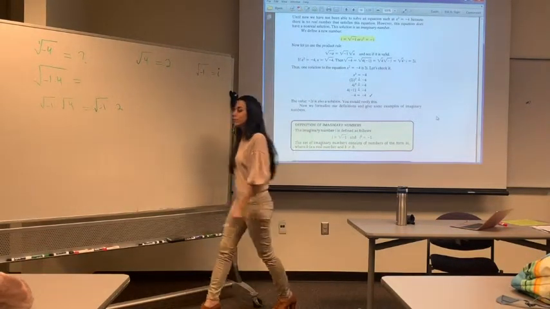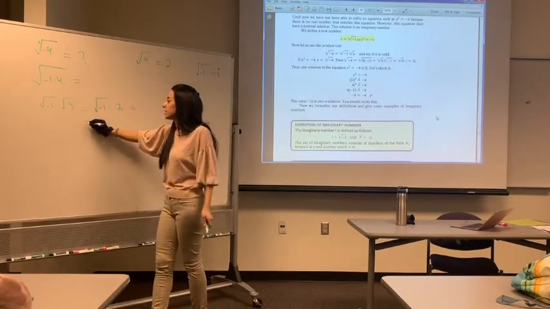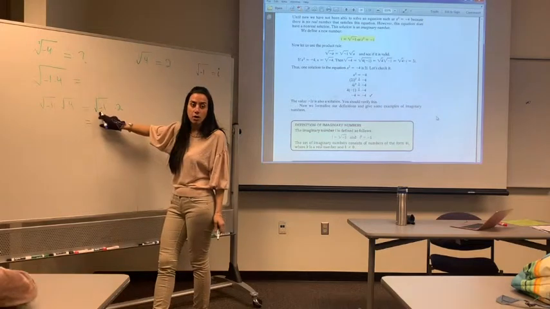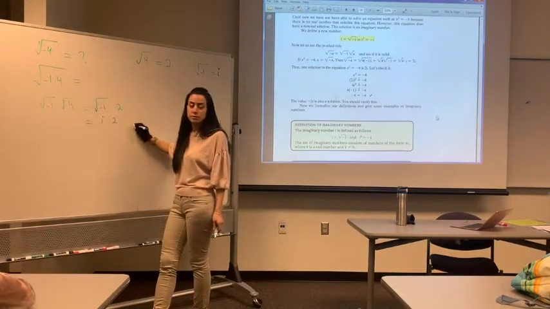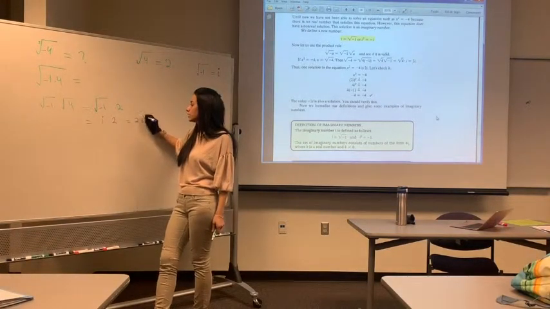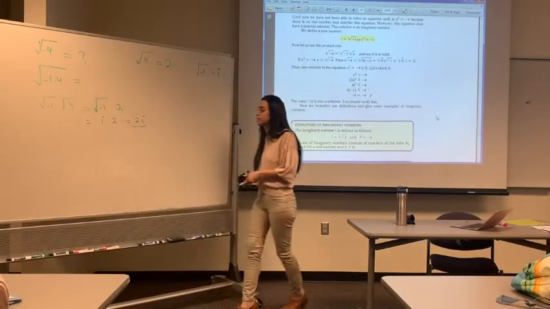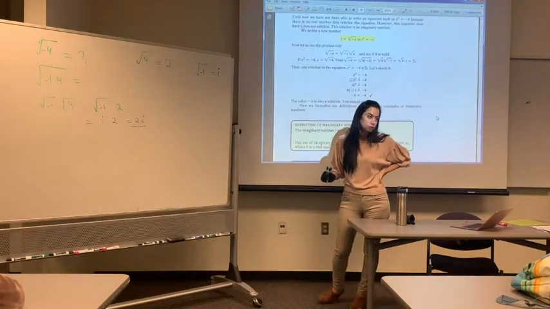Whenever you reach this point, you can easily say, okay, we know radical -1 is i, and we have 2 multiplies to i. If you want to arrange this, we can rearrange it in this form. So the answer will be 2i. And i is an imaginary number.